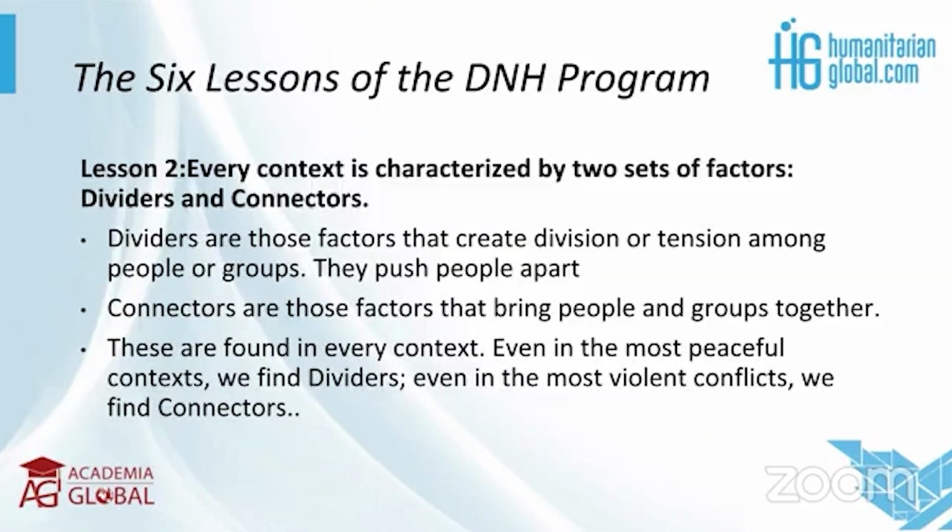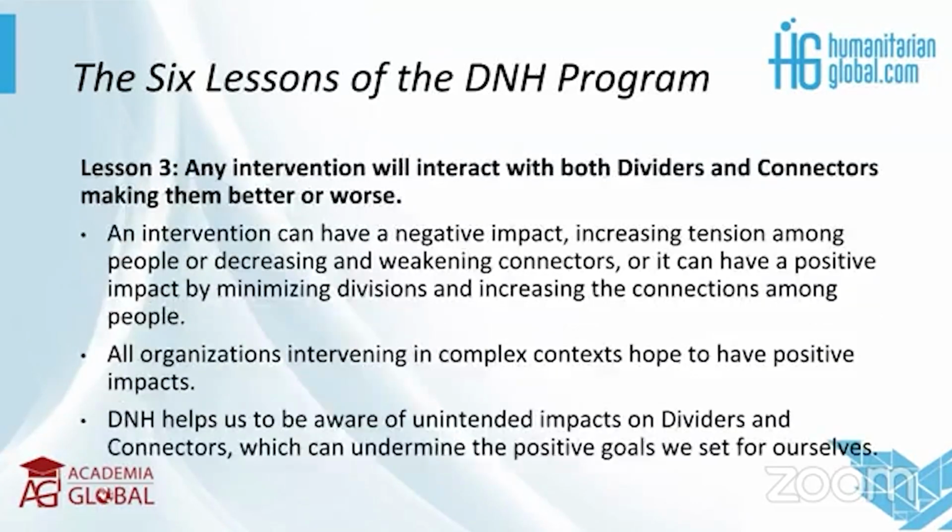There is always something that will bring people together, and there will be something that is pushing people apart. Even in the most peaceful context, we will find dividers. Even in the most violent conflicts, we will find connectors. So we need to be on the lookout for this as we plan, monitor, and evaluate our interventions.